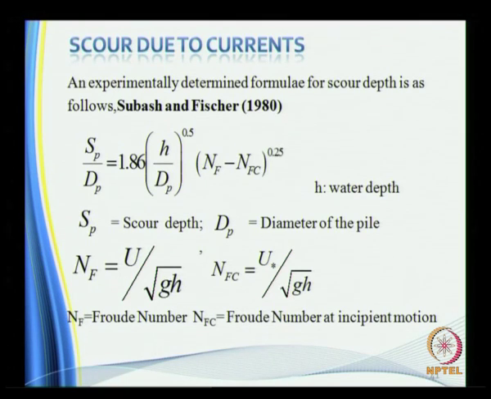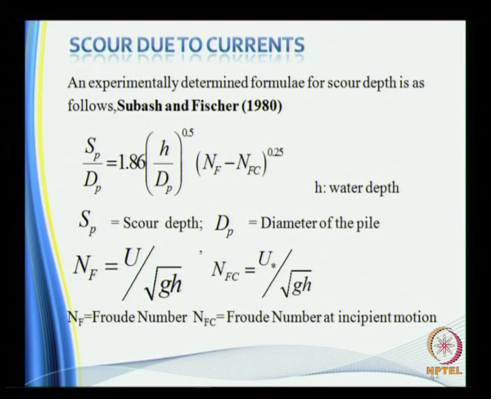This is an equation or a relationship available for the prediction of scour depth as given here. SP is the scour depth, dP is the diameter of the pile.